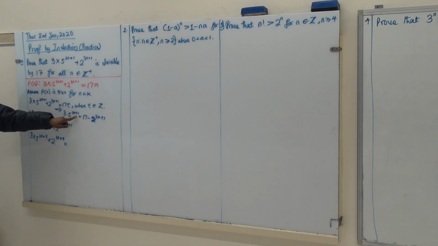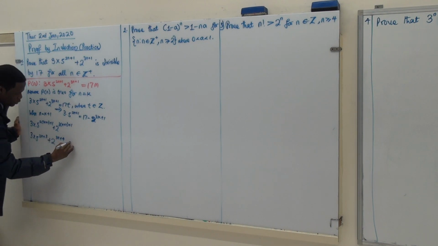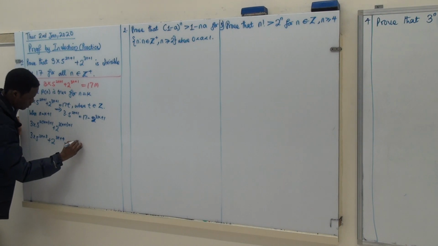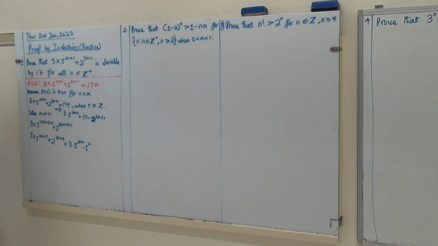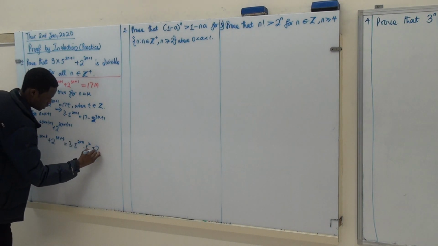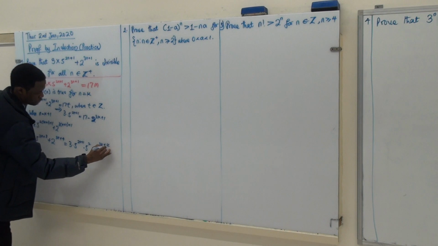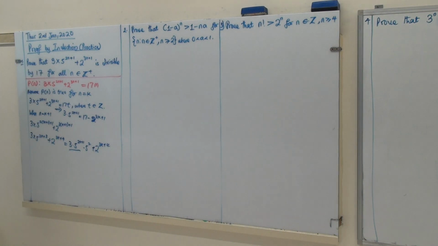Anyone? Okay. So let's see how we can bring that here. Now this is 2k plus 1, but this is 2k plus 3. So we need to take what out? 5 to power 2. Do you understand? So this is going to be 3 times 5^(2k+1) times 5^2. You agree? And this is going to be 2^(3k+4). So now this can be substituted. Let's see if that works.